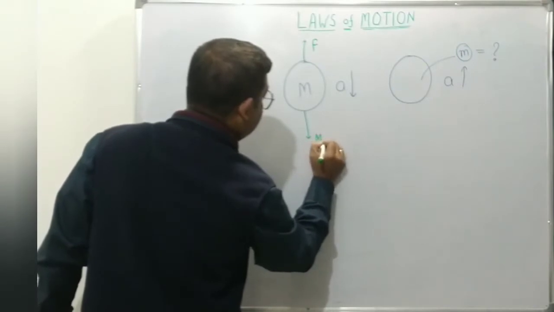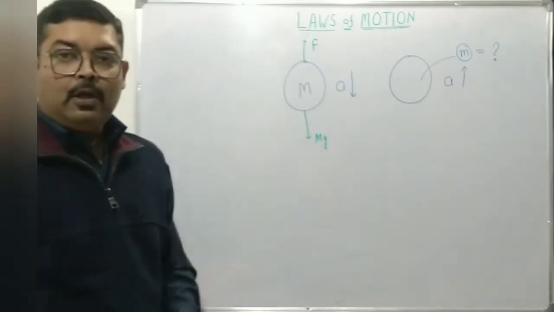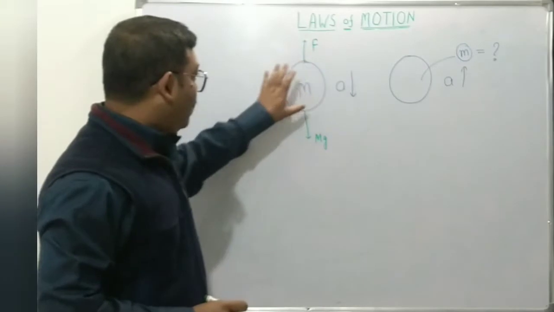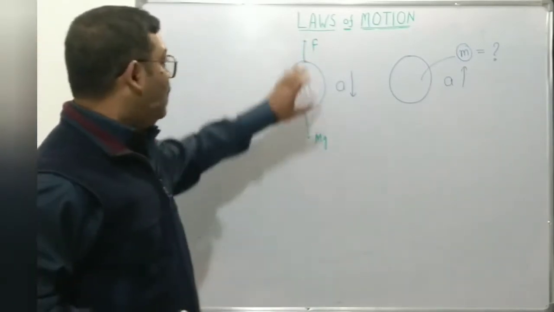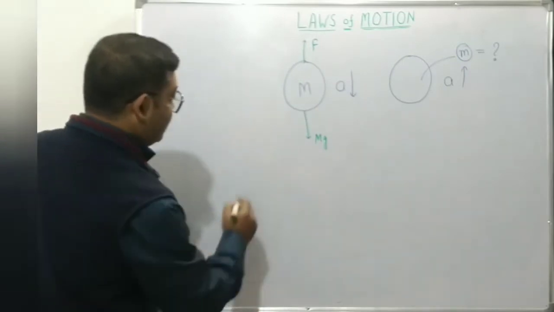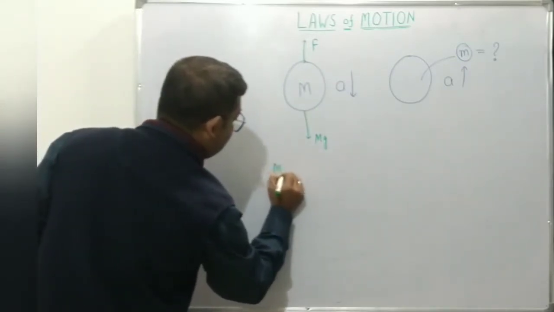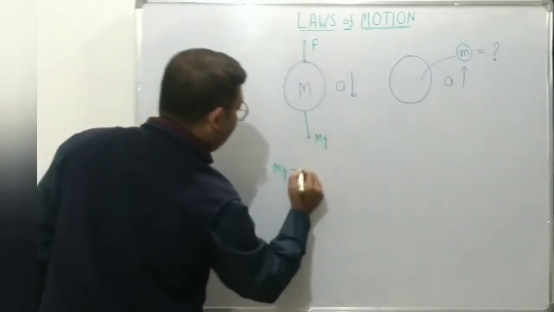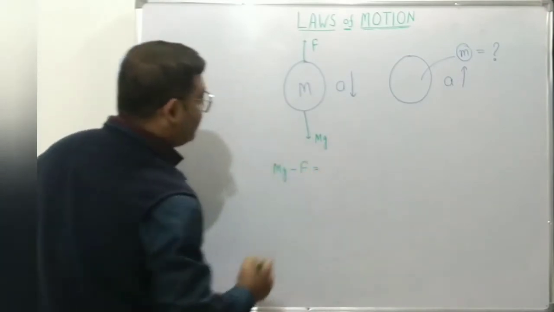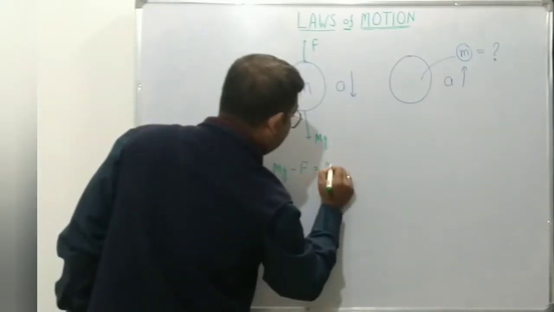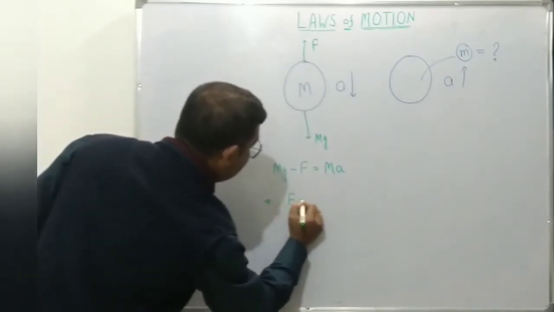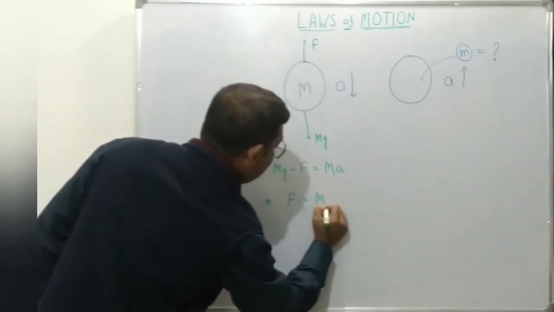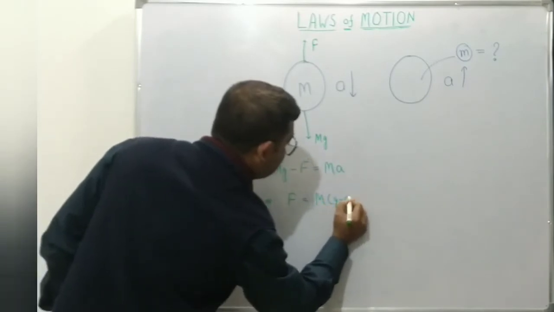Say Mg is the weight. So, for the balloon with the entire mass in it, the equation of motion becomes: the downward force Mg minus the upward force F must be equal to M into a, which gives us the upward force F equal to M into (g minus a).